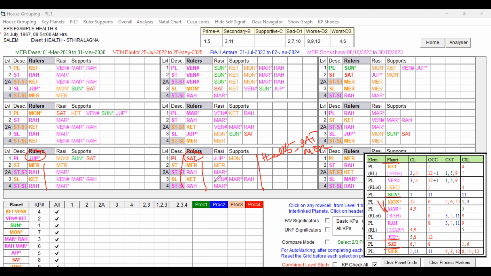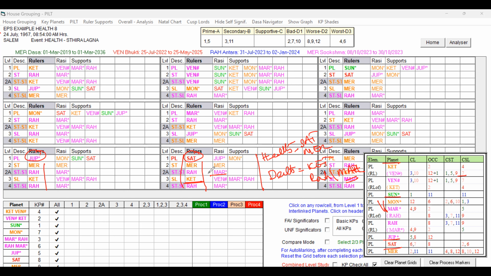Now, which planet is leading to death, the Maraga, Badaga houses? Mars is playing and the sublord is Ketu, 2 and 4, represented by Venus, the 7th cuspal sublord. So the death-causing key planets are Ketu and Rahu or Mars. Because Rahu is the death-causing planet, and here it is representing Mars, that is the Badaga Lord.